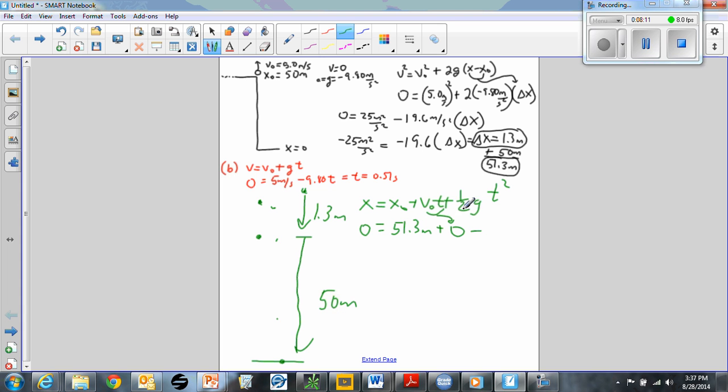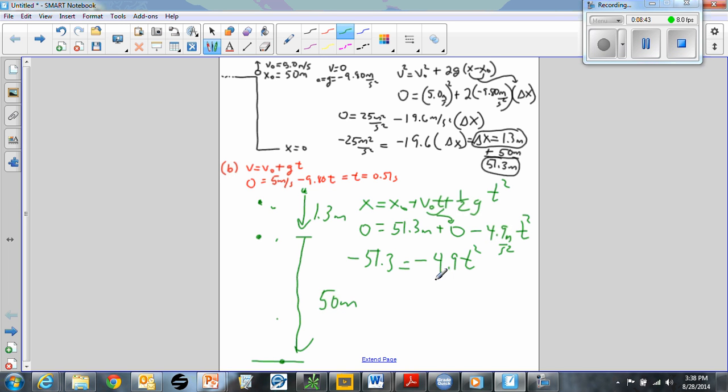Minus, all right, we're going to learn a shortcut here. 1/2 times negative 9.80 is negative 4.9. If you have that memorized, use it. Otherwise, do 1/2 times 9.80 and you get negative 4.9 meters per second squared times t squared. So when I move this over here, it becomes negative 51.3 equals negative 4.9 t squared.